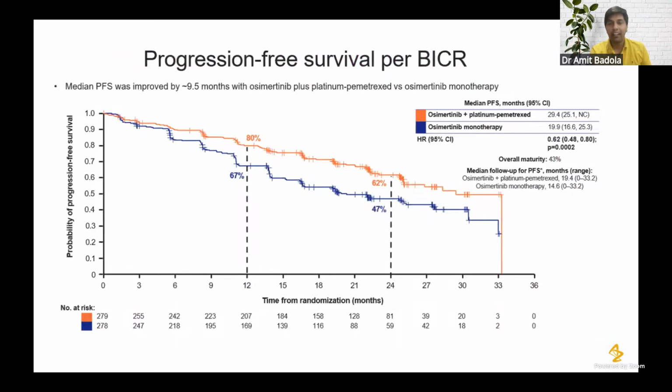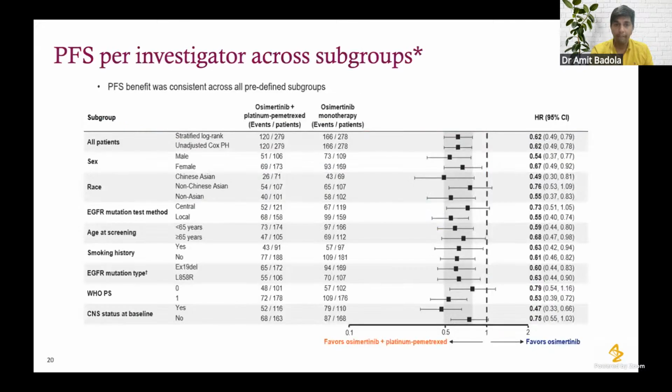With the blinded central review, the progression-free survival was even higher: 29 months compared to 19 months. The benefit was seen across all subgroups, whether the mutation was exon 19 or L858R.